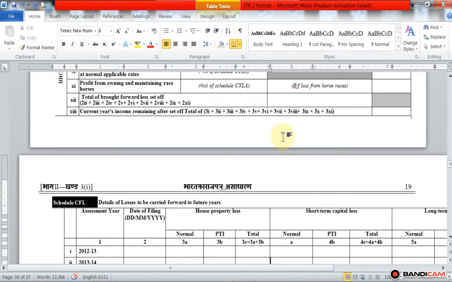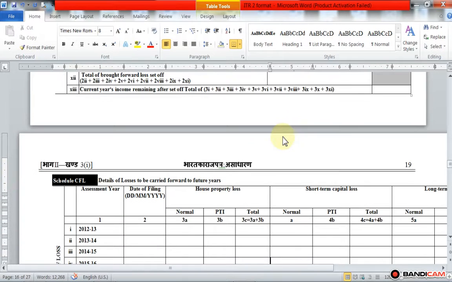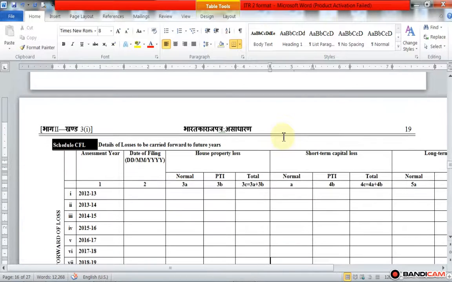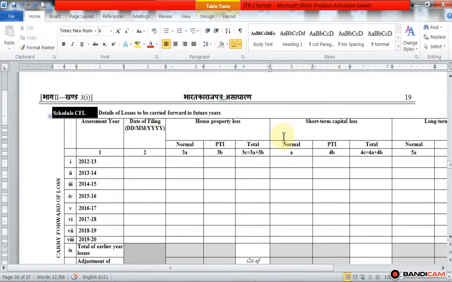Then Schedule CFL, details of losses to be carried forward to future years. We already discussed that if the losses are not set off against the income of the current year, then the assessee will carry forward these losses to the next year.